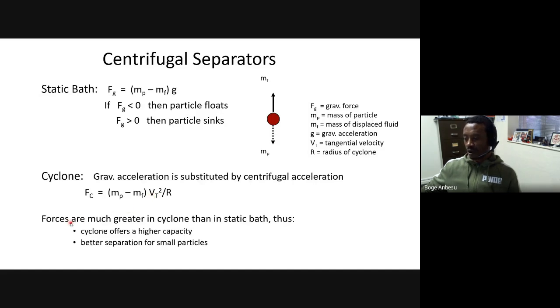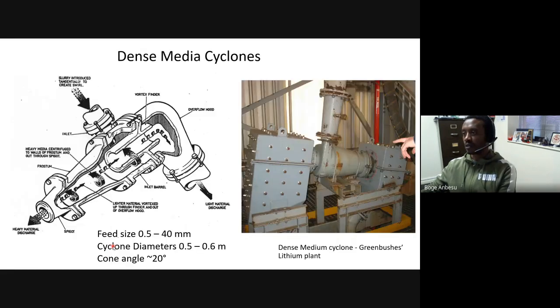If you use cyclones, you could operate them at reasonably higher capacity. You should be able to work with finer particles and therefore maximize separation as well. So something that took a very long time to settle in a normal static bath may be removed or separated very quickly in the case of a cyclone or a centrifugal separator.